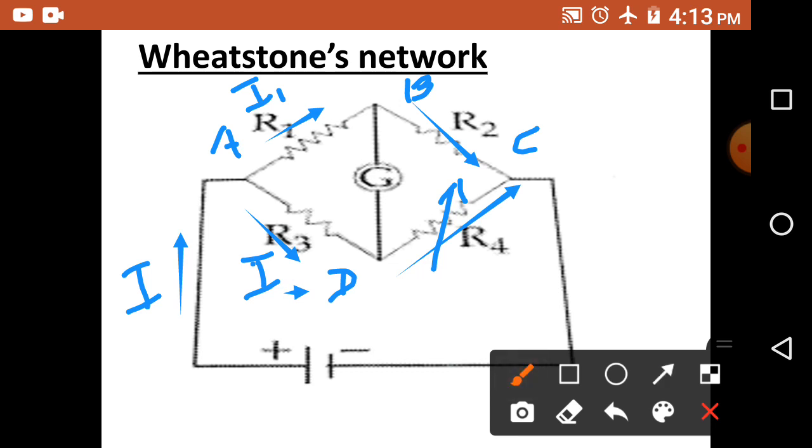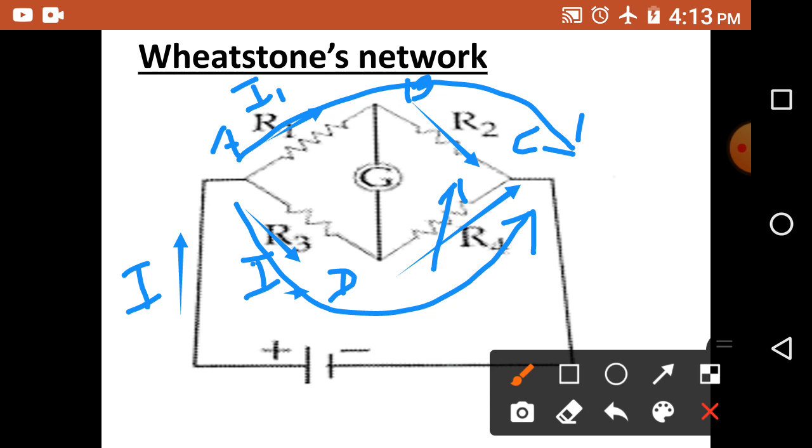So, the current I, when it splits at point A into I1 and I2, current I1 will flow from this point like this, and current I2 will flow from A point through R3 and R4 in this direction, and the total current I will then flow through this branch.